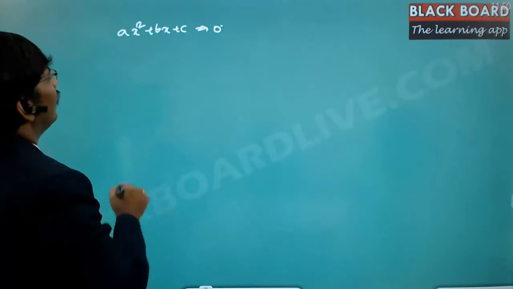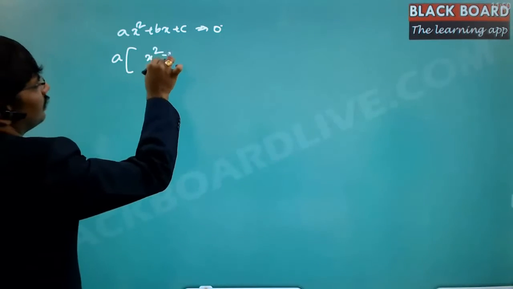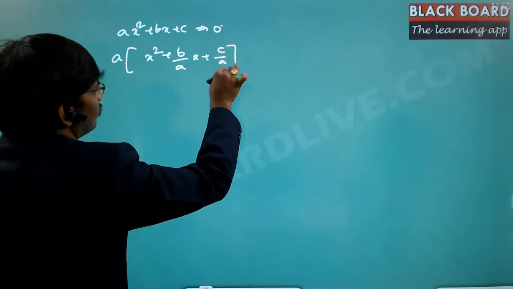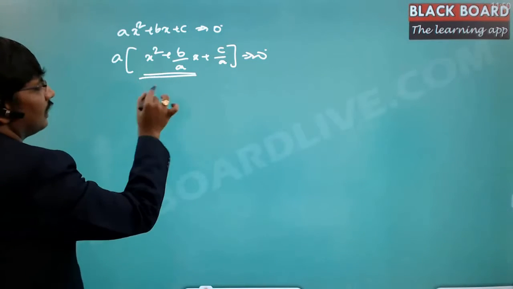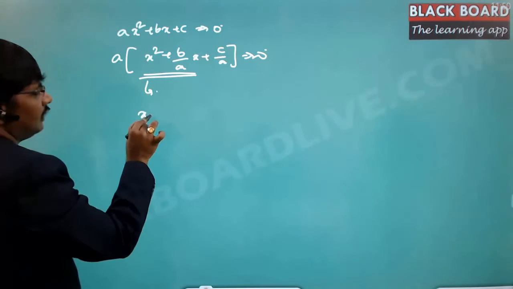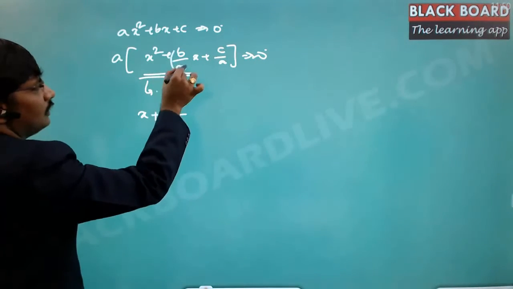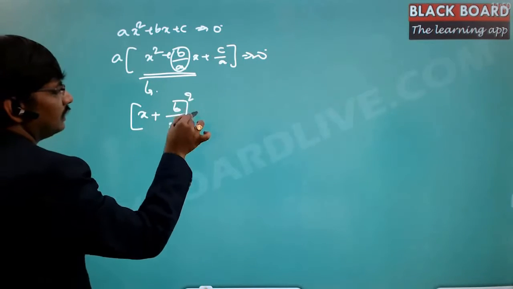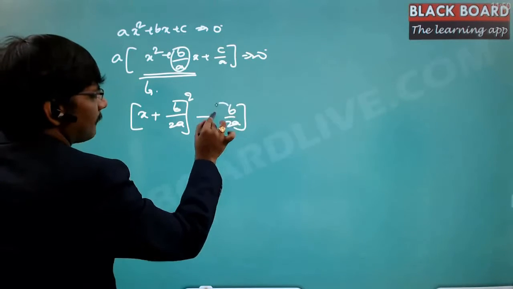For that, what I am doing is, I'll take out a common, and then x square plus b by a times x plus c by a equal to 0. And this portion I can even write as x plus b by 2a. So half of this value, b by 2a, I take and then square it, and then subtract the square of this value, b by 2a whole square.